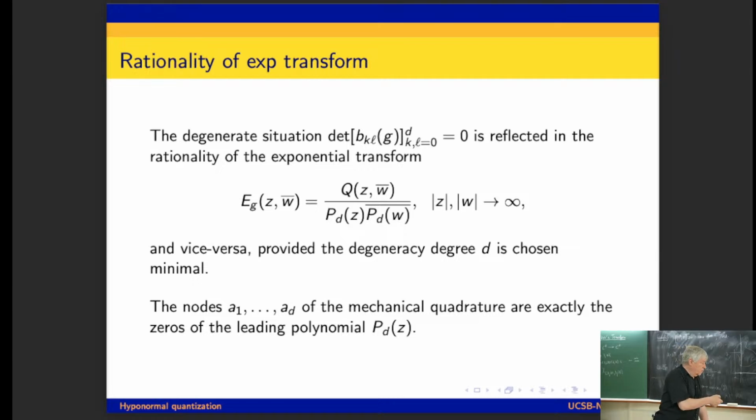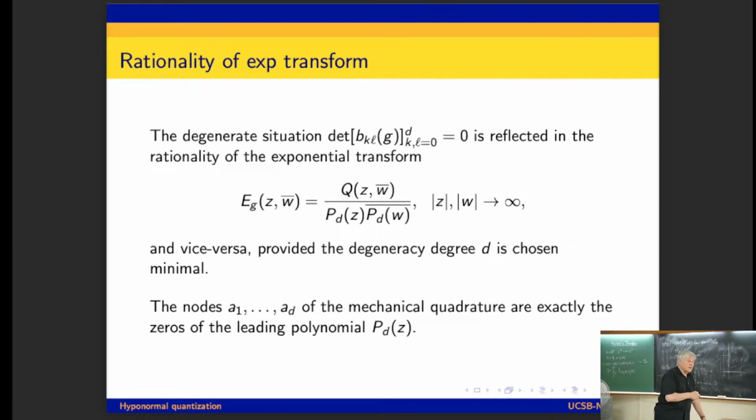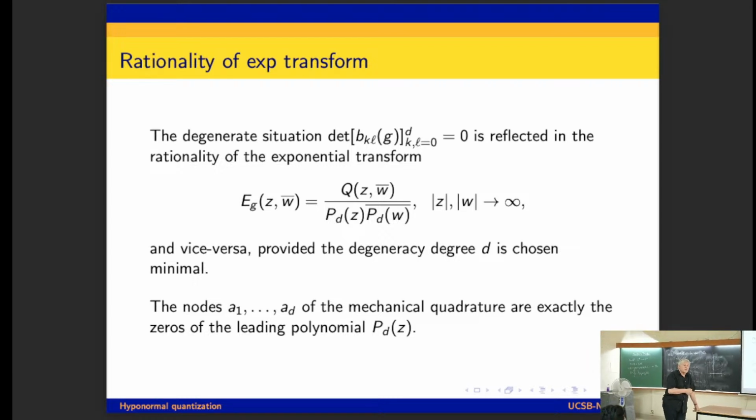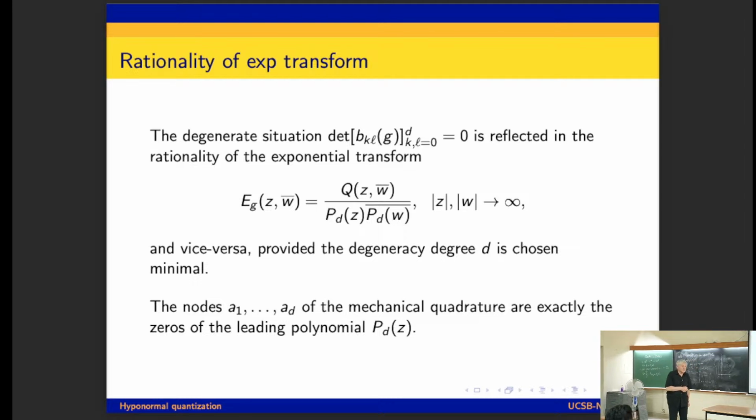If the Markov transform has this vanishing determinant, then we know it's a quadrature domain, and the exponential transform captures the defining function in the numerator and the minimal polynomial vanishing at the nodes in the denominator.